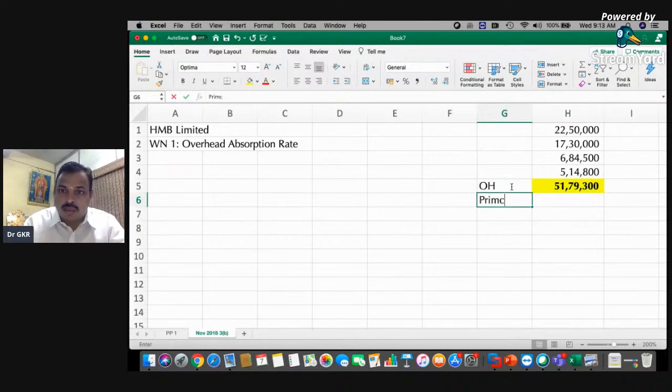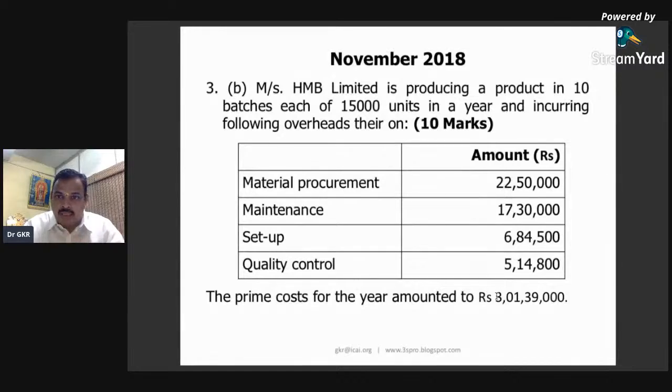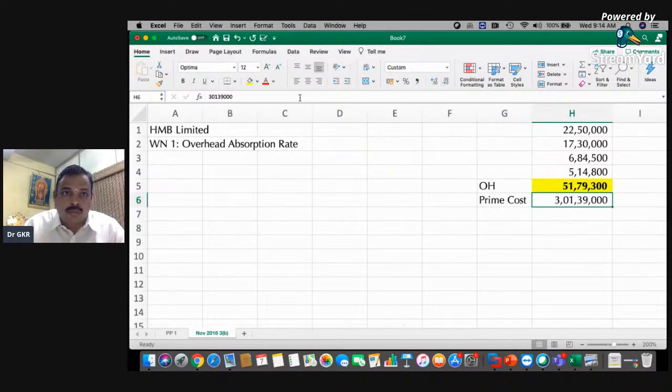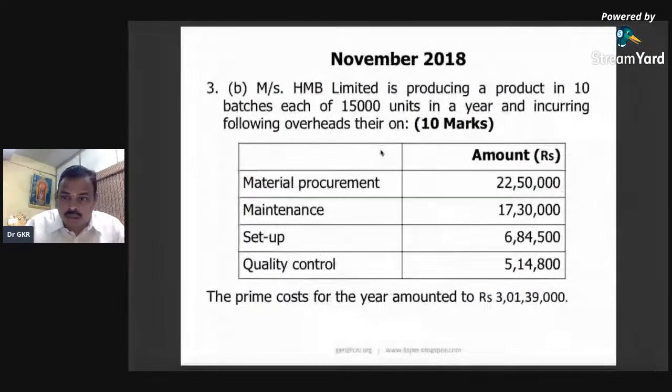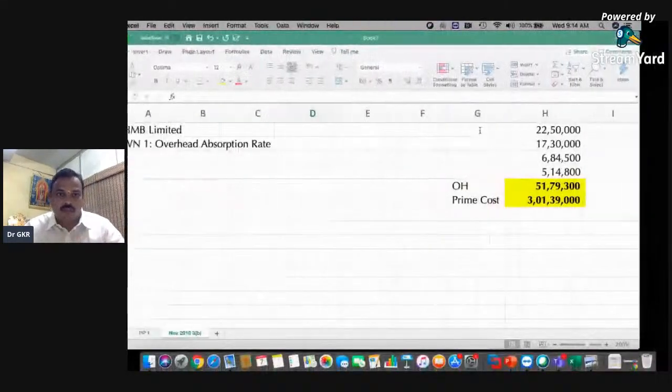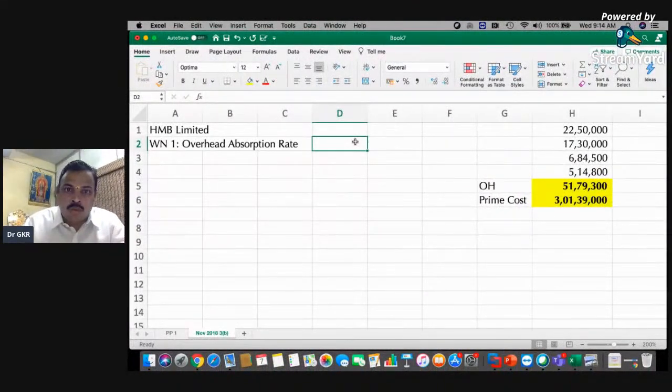And what is your prime cost? Your prime cost is given as 3 crore 1 lakh 39,000. Good. Now what is your overhead absorption rate? Currently the method of absorption is based on prime cost. So that means the numerator will be your overhead and the denominator will be your prime cost.